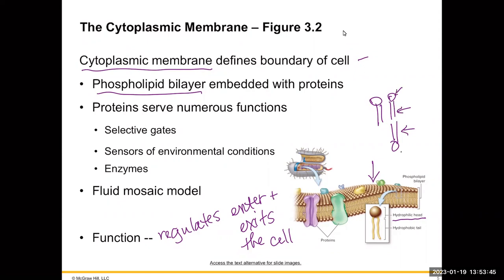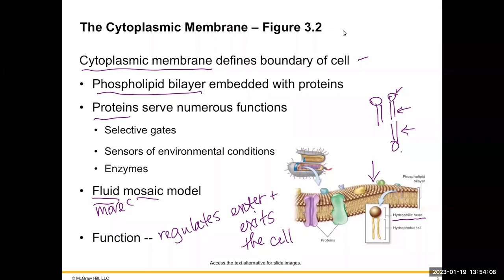Okay, it moves. Okay, so it's fluid. It's not stiff and rigid, it's fluid. Okay, now we call it mosaic because there are proteins integrated on the surface and in through the plasma membrane.